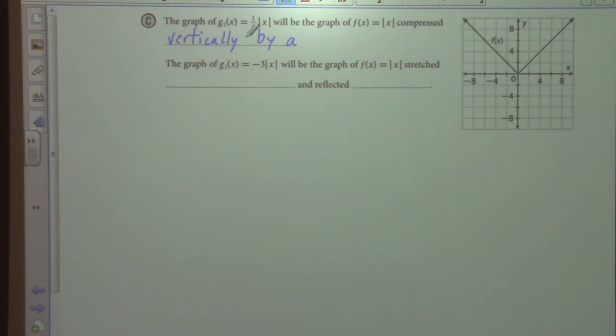What do we call that? It's a quarter, or 0.25. But what do we call it in the anatomy of a function? It's a fraction. But what does this 1/4 do? It makes it a vertical stretch or compression. And it vertically stretches or compresses because it is a what? Starts with an F. It's a function.